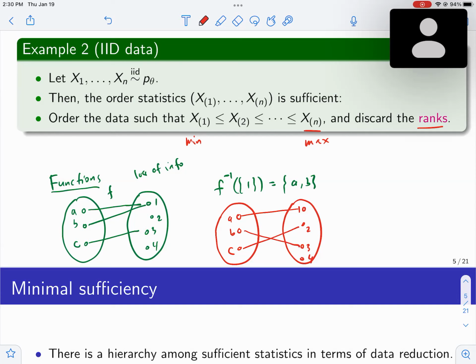And there could be some other points here that are not mapped. So this is not bijective, but 1-to-1, injective. This is mathematically called injective. And so this is no loss of information. And then there's equivalence between the statistics if there is a bijection.